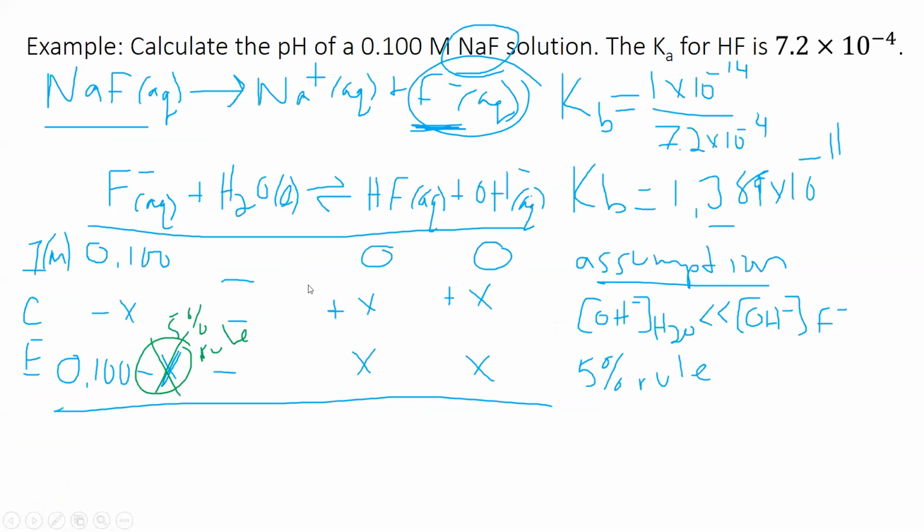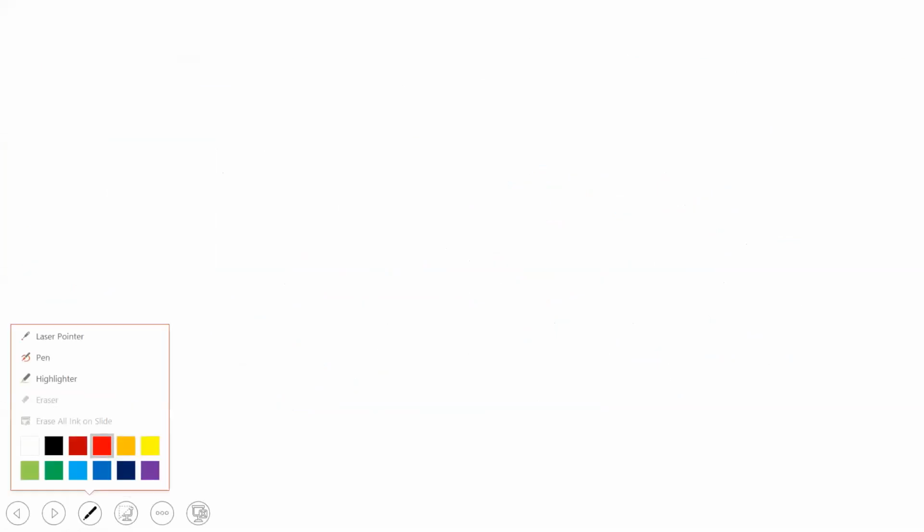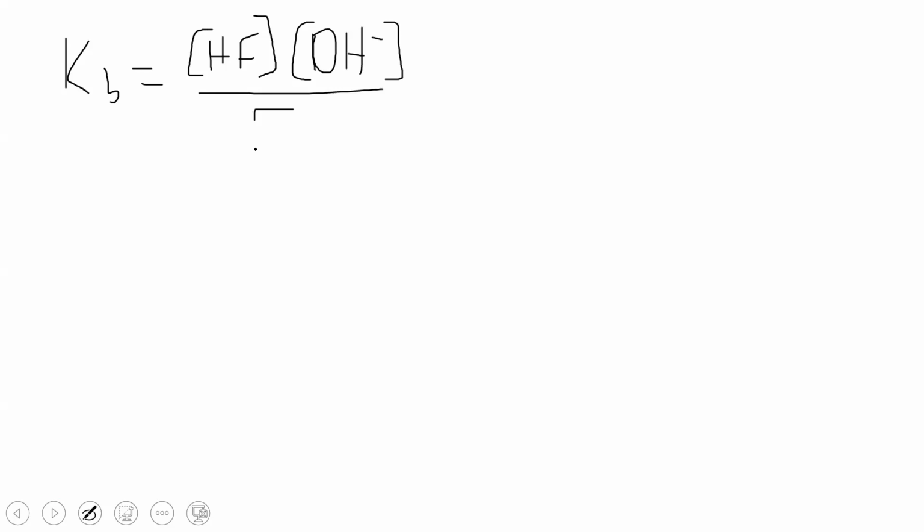So here we left off, we filled in our icebox. Now we can do our calculation. Our calculation should show that Kb will equal the concentration of HF times the concentration of hydroxide divided by the concentration of fluoride, right?